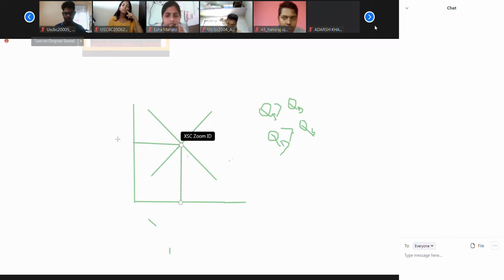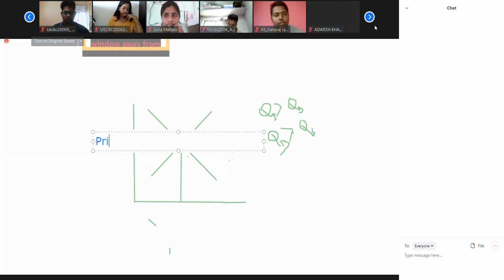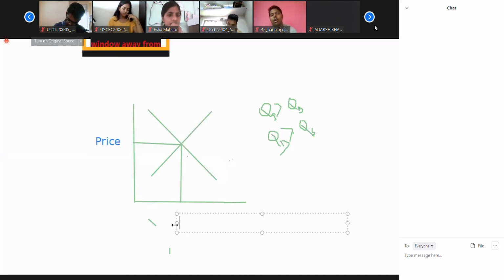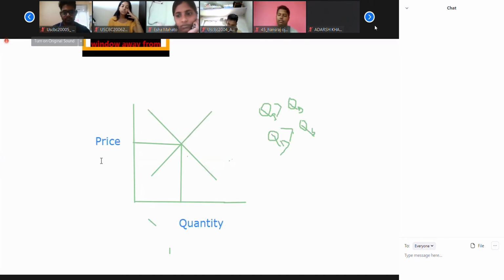We have to write here, always, price, and here quantity. Always name the axes, because in a graph unless the axes are marked, it is meaningless. So this is price, this is quantity.